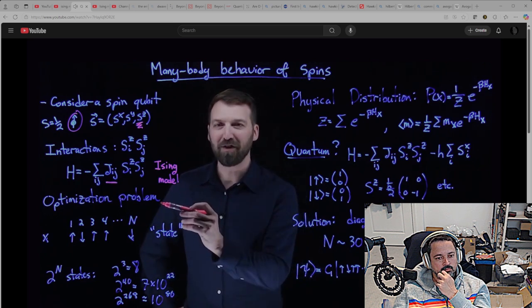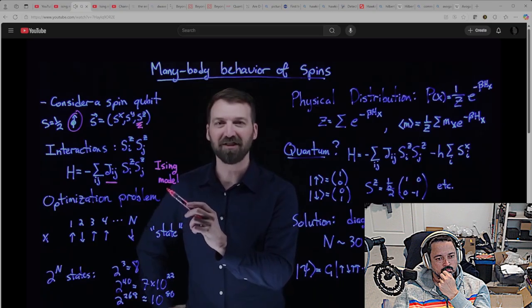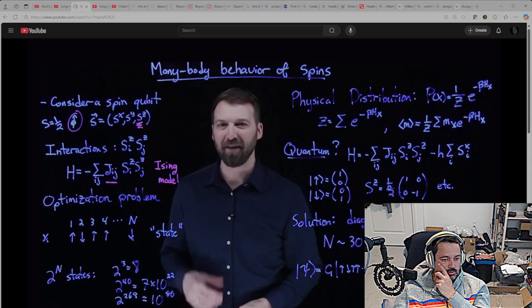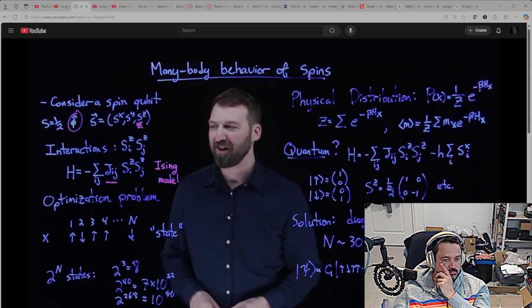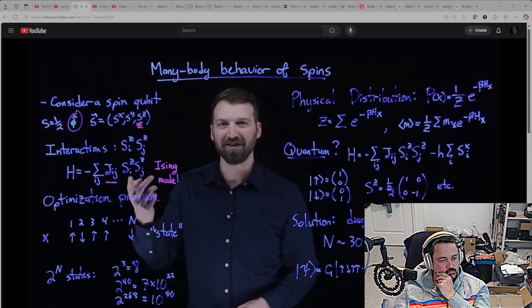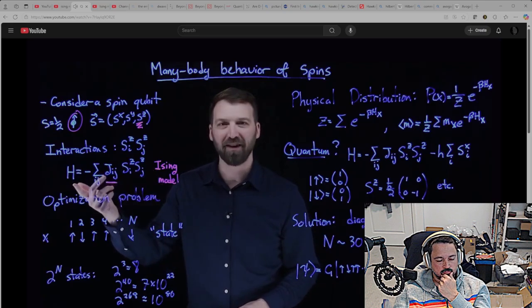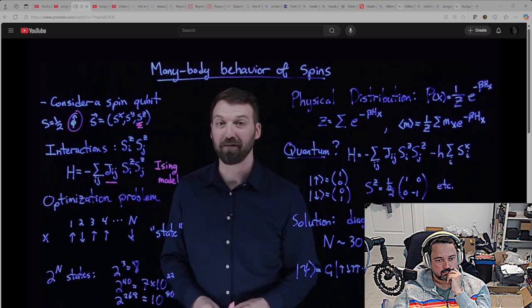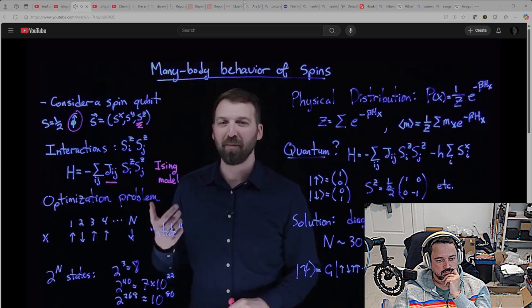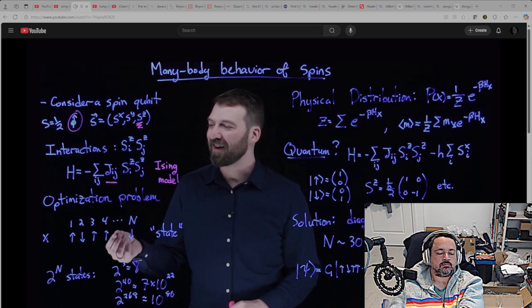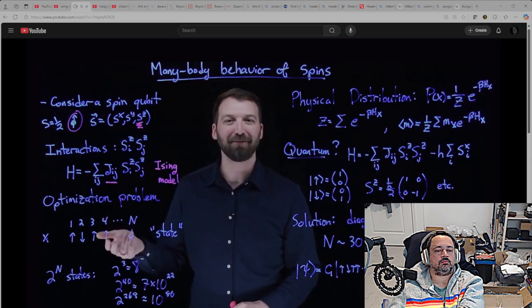So you may want to be looking for, for example, the lowest energy state of this system governed by this equation, and that would be an optimization procedure. You're looking for the spin configurations of the n-body spins that give you the lowest energy as dictated by this Hamiltonian. So one way you can imagine doing that optimization procedure would be to look through all possible spin configurations.